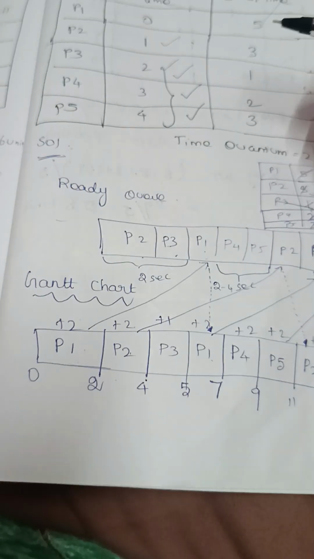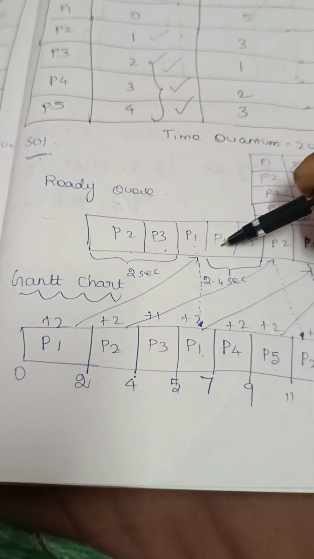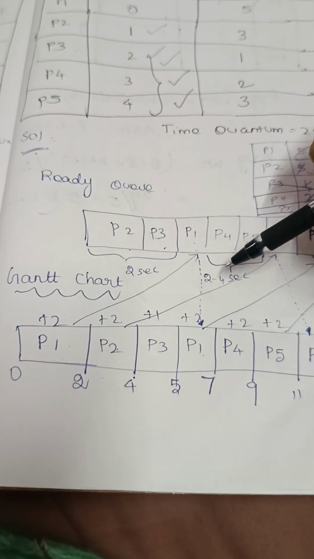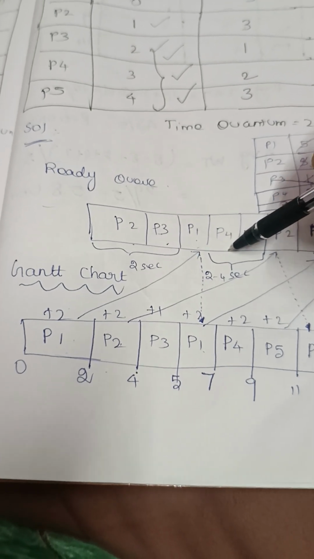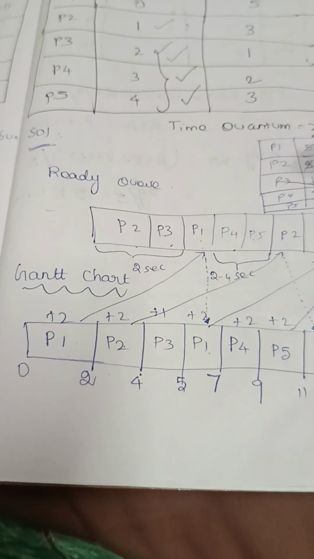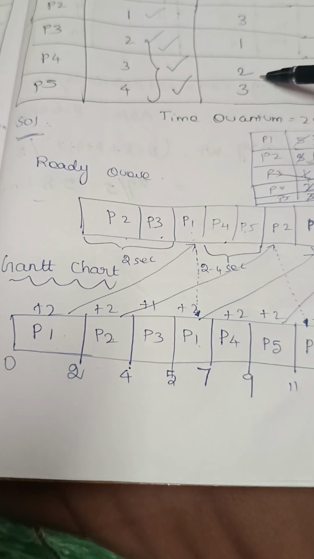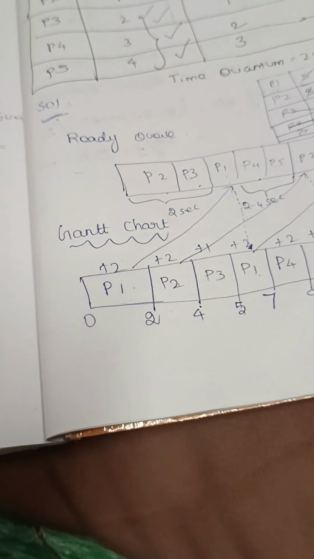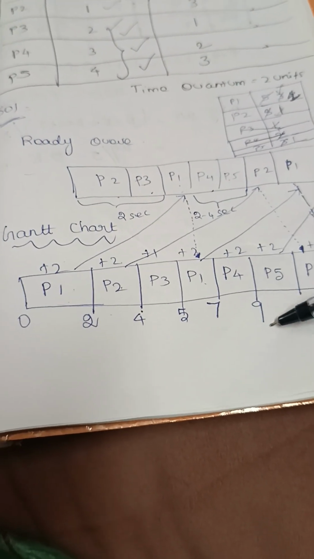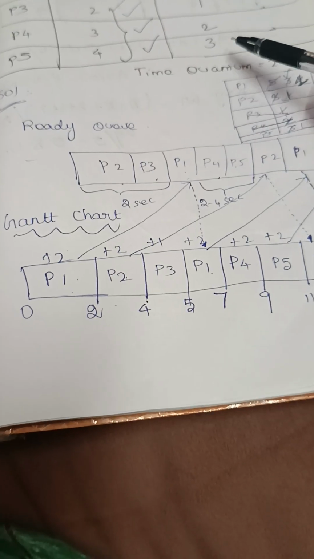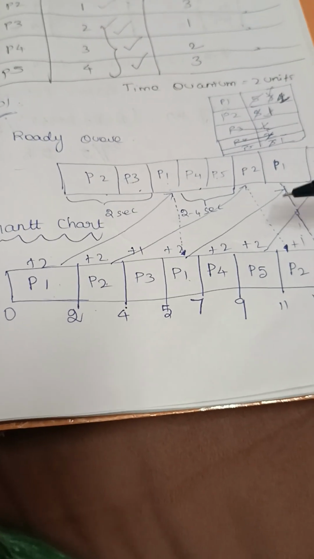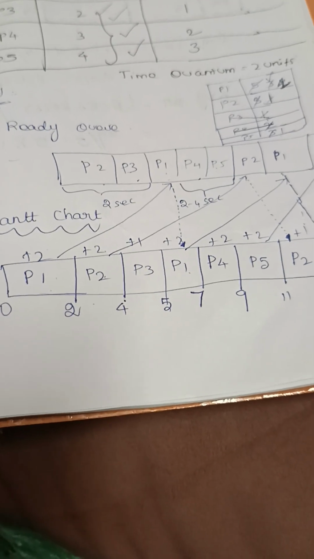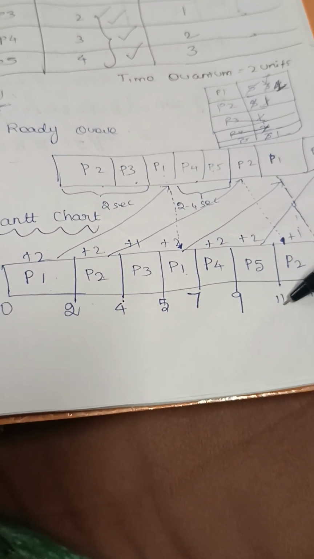P4 and P5 processes entered, so P4 and P5 enter into the ready queue, so we choose the P4 process. P4 burst time is 2, so it completes, P4 plus 2 is 9. Next P5 burst time is 3, it executes for 2 seconds, remaining 1 second. 9 plus 2 is 11.